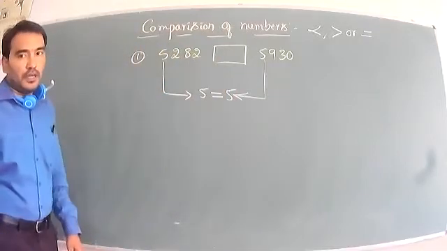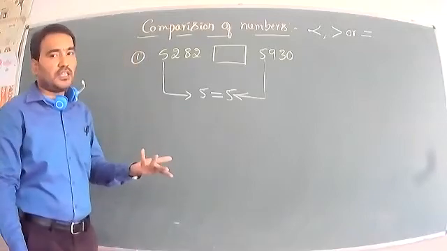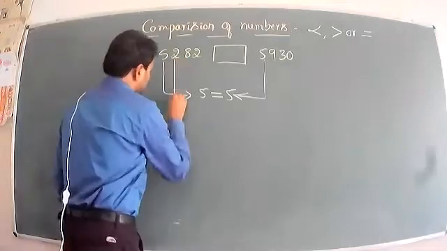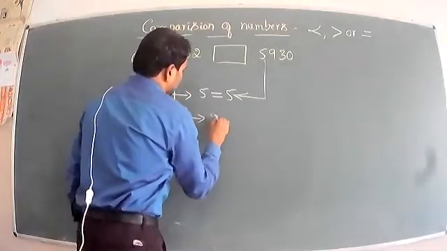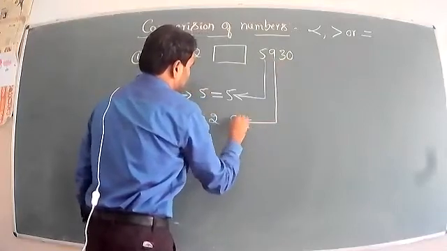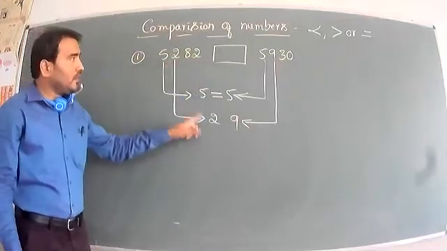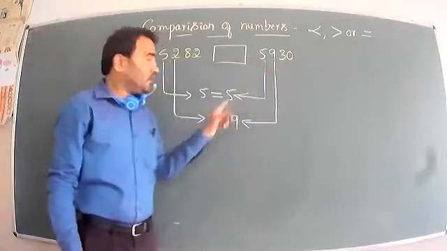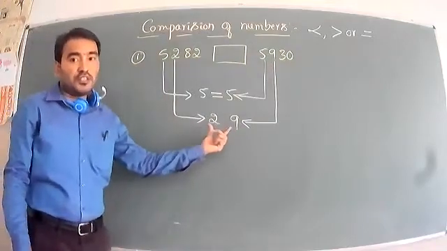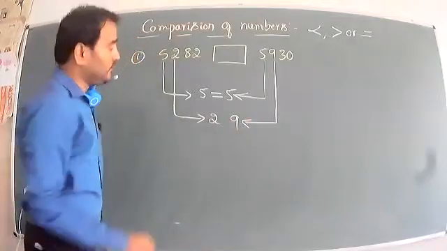When thousands are equal, we check the hundreds place. This number has 2 in the hundreds place, and this number has 900, so 9. Which is smaller? 2 is smaller. Which is greater? 9 is greater. The side of the smaller number gets the arrow mark.